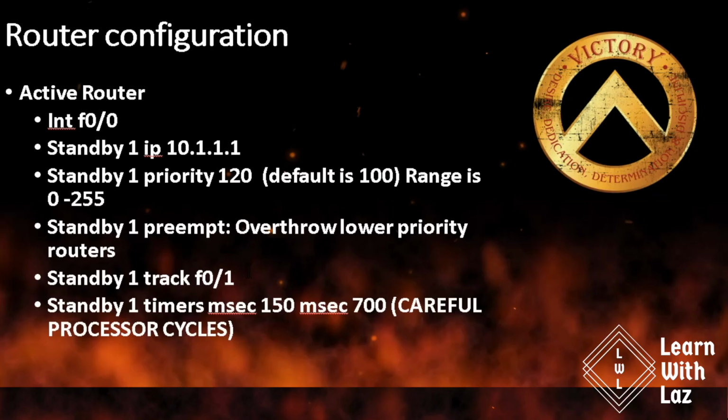That's how that works. Now, the timers, you see here, I put it in there. Standby 1 timers, milliseconds. You can put milliseconds in there if you want to. But I put, processor cycles, be careful. Oh, I mean, come on. I know how it is. We want things to happen in a blink of an eye. I always use the example of the elevator, where you press the button, you wait 10 seconds, press it again. You wait 3 seconds, you press it again.